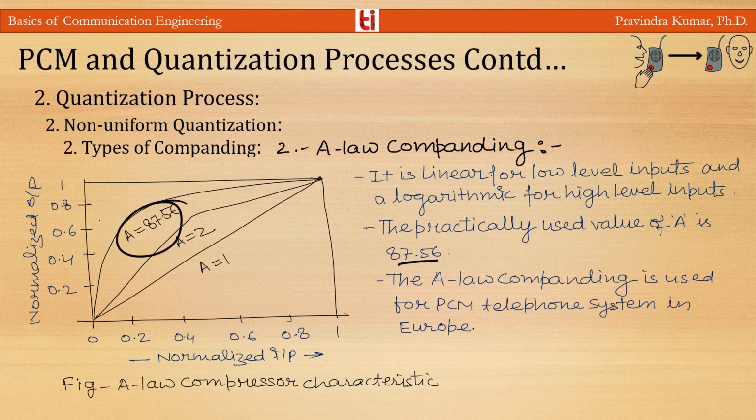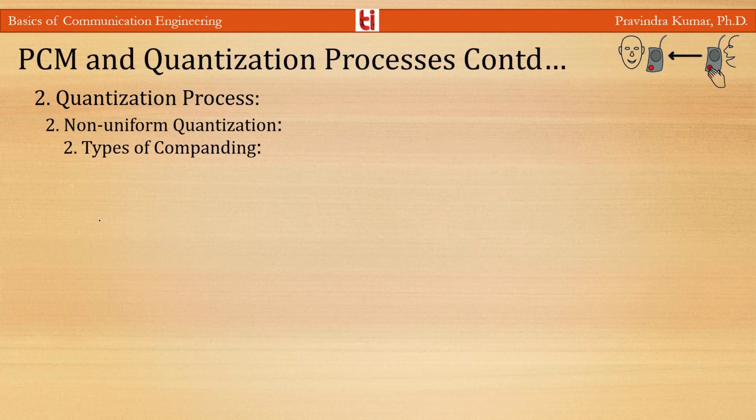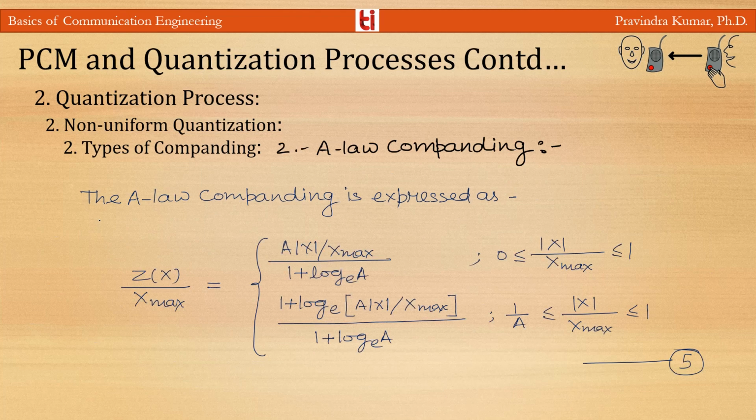The mathematical expression for A-law is Z(x) by x maximum equals A mod x by x maximum divided by 1 plus log e A, when the normalized value of the input lies between 0 to 1 by A, and when the normalized value is between 1 by A to 1, then the function will be 1 plus log e of A mod x by x maximum divided by 1 plus log e A.